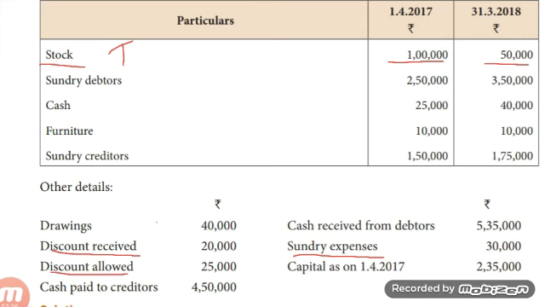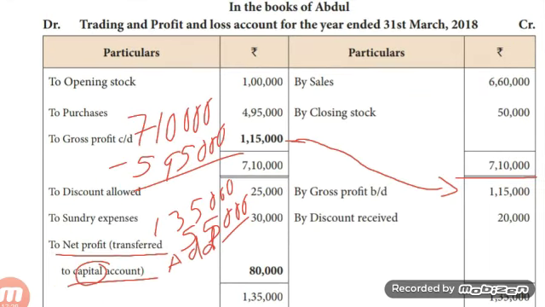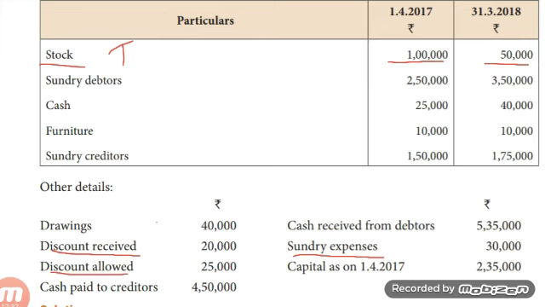So debit side over. What are the items in the debit side? To opening stock, 1 lakh. To credit purchases, 4,95,000. Then no more direct expenses. So come to the credit side. What is the first item in the credit side? First item in the credit side is sales.